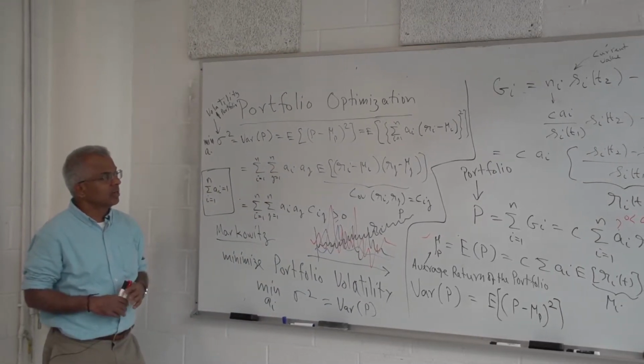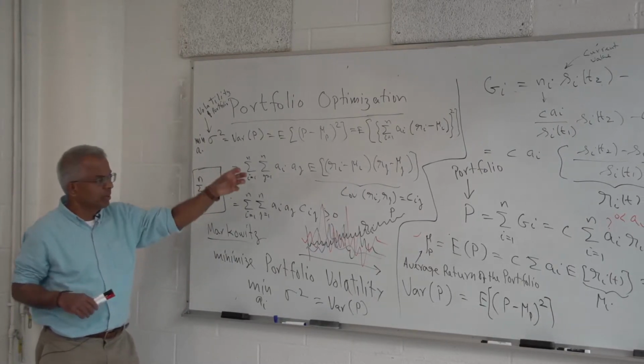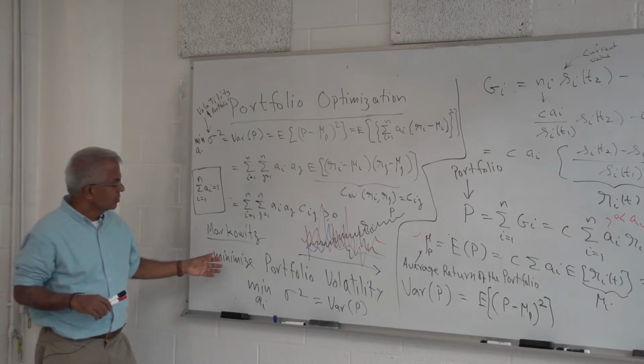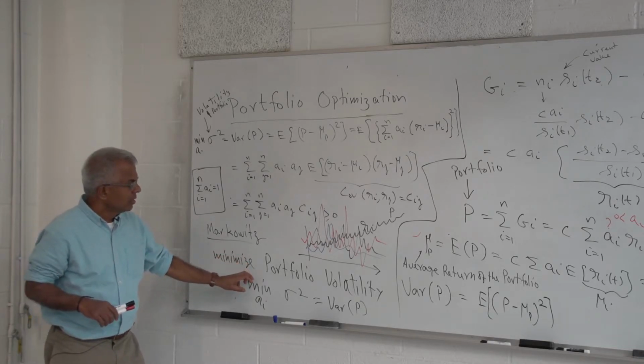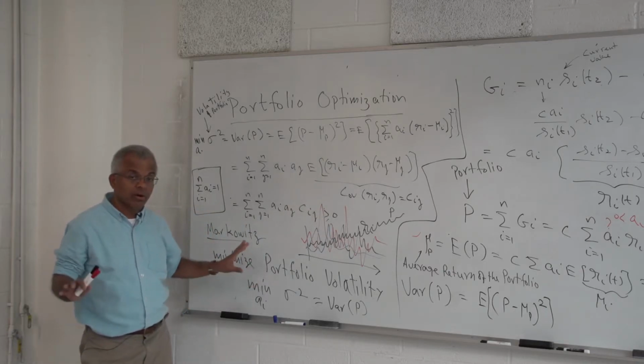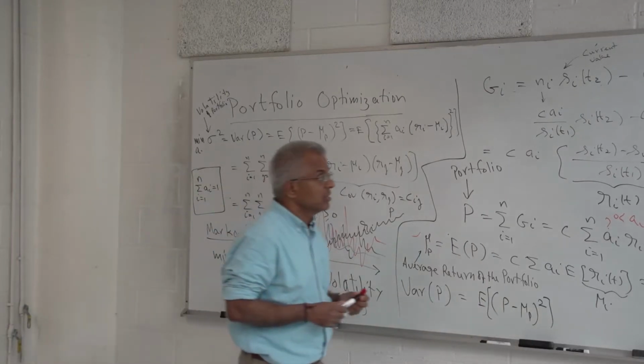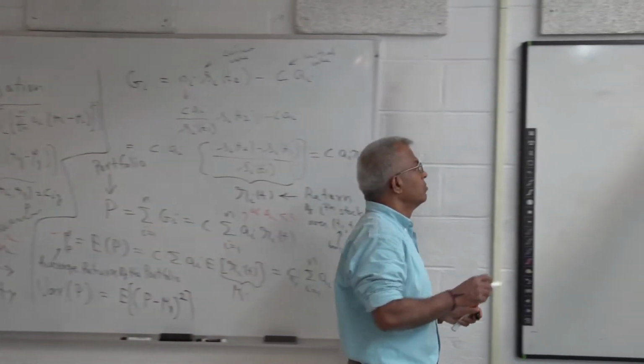But once you decide to include it in your portfolio, how much fraction of the money should be invested in it? So do it in such a way that the volatility is reduced of what you are holding, not the whole market, just what you are holding, right? So we can look at this as a constrained optimization problem.